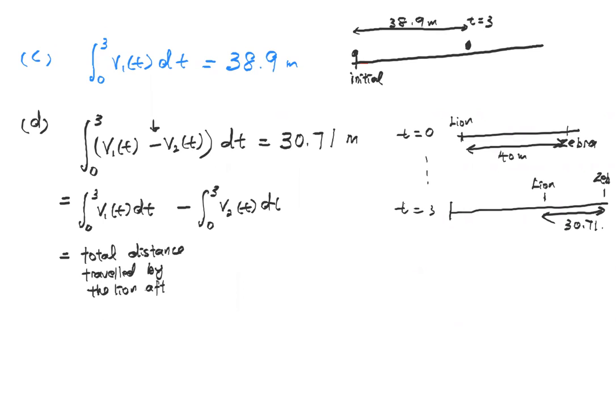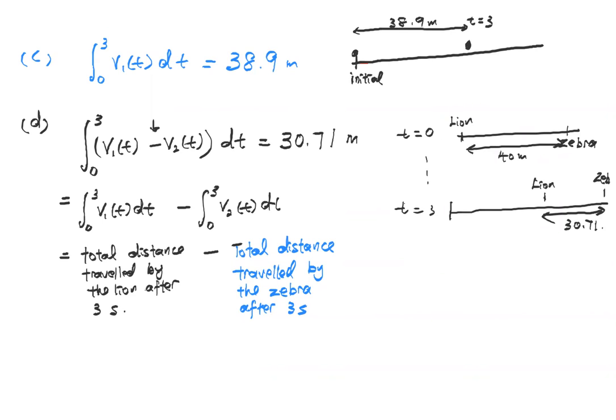After 3 seconds, take away. This one is total distance traveled, because the area is all above, so I can put like that, by the zebra after 3 seconds.